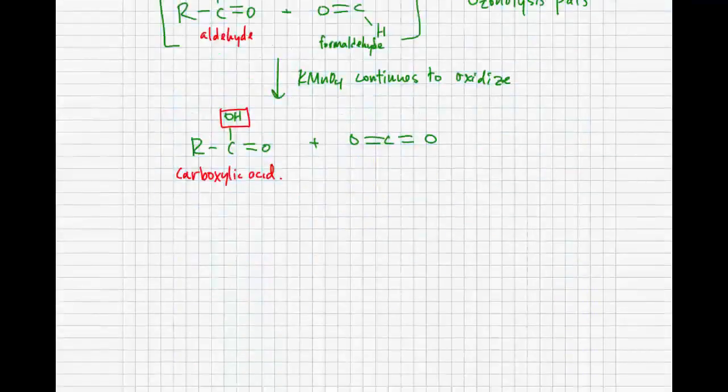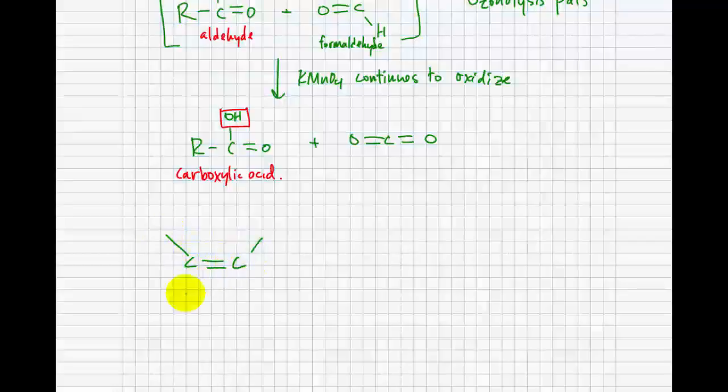It's important to note, though, that if I just have a regular tetrasubstituted alkene, I could use either. If I used KMnO4, I would do oxidative cleavage and get two molecules, in this case of acetone, so two ketones.